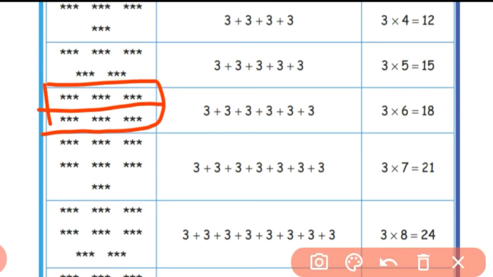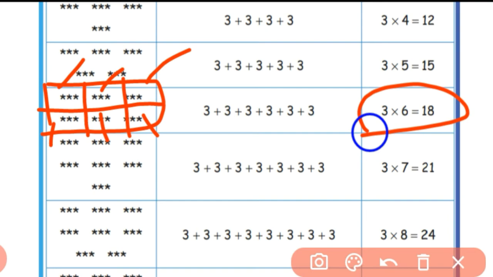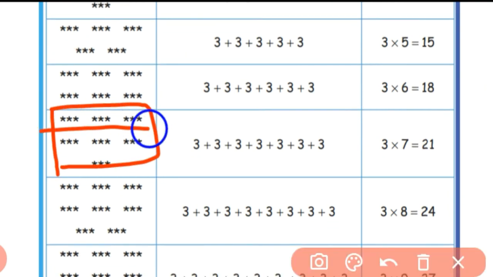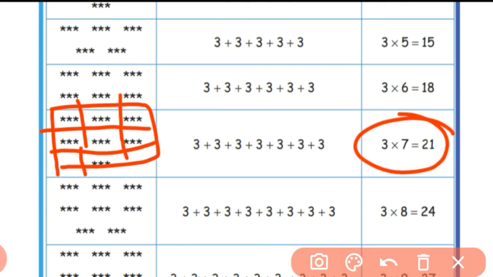Next, 1, 2, 3, 4, 5, 6. So, 3 into 6 is equal to 18. 3 into 7 is equal to 21.